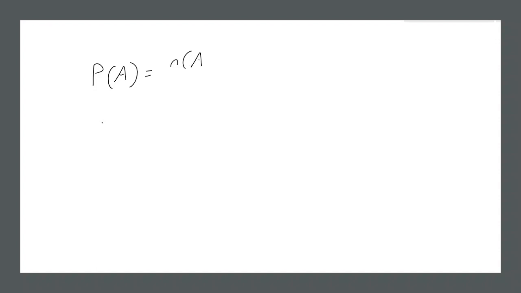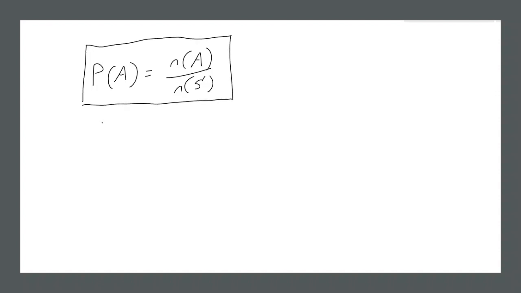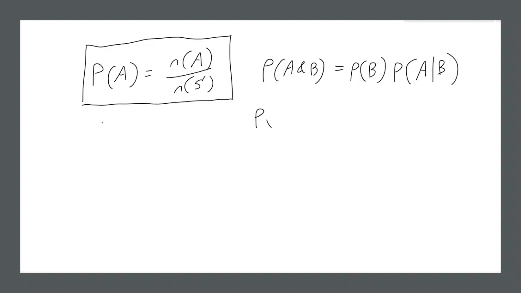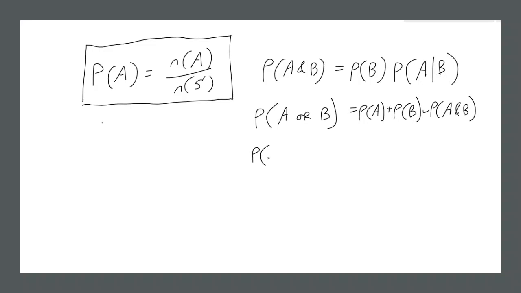That's supposed to be an NA divided by NS. From that we get the probability of A and B is the probability of B times the probability of A given B. From that we get the probability of A or B is the probability of A plus the probability of B minus the overlap, the probability of A and B. We also get that the probability of not A is equal to 1 minus the probability of A. We get that the probability of A must be between 0 and 1.